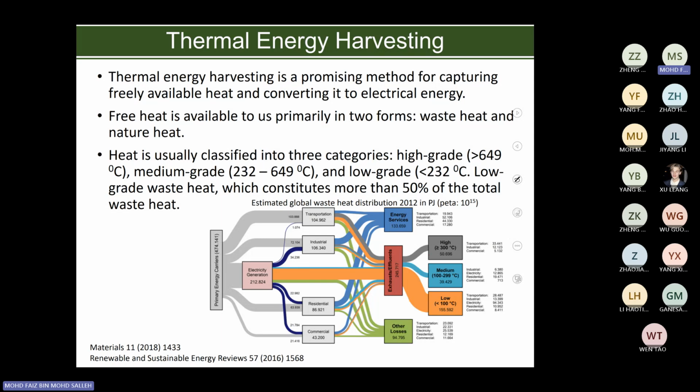You can see how big this orange line is that becomes the low waste heat. Usually it is said that around 30% to 40% of the waste is waste heat. If you can fabricate and design an energy harvester that can make use of this low heat, there is quite a lot of potential electrical energy that you can obtain.